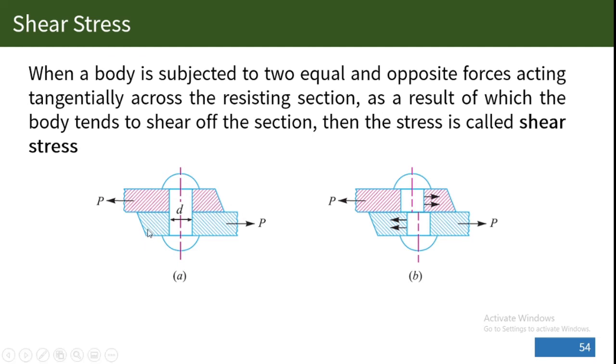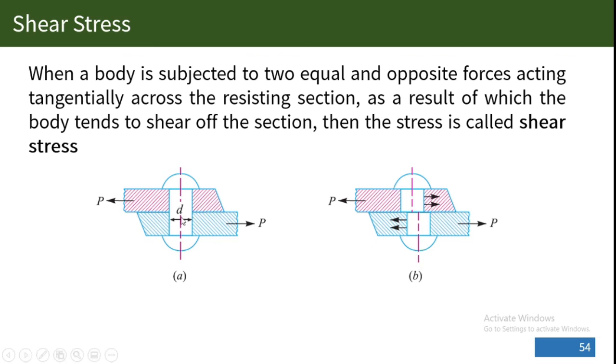So initially we have this body. It could be, this is obviously a rivet connection of two plates, right? So two equal forces denoted by P are applied. These forces are equal and opposite, applied on our body. Upon application of these forces, it tends to shear off the section.